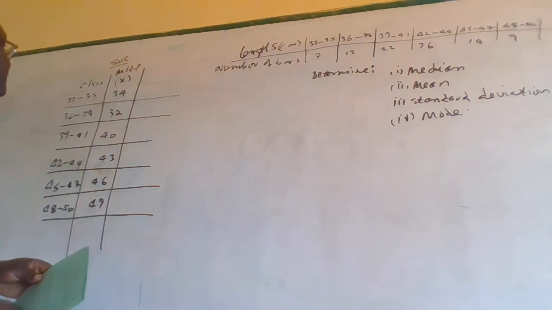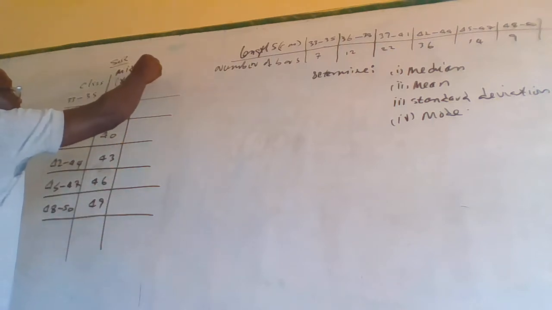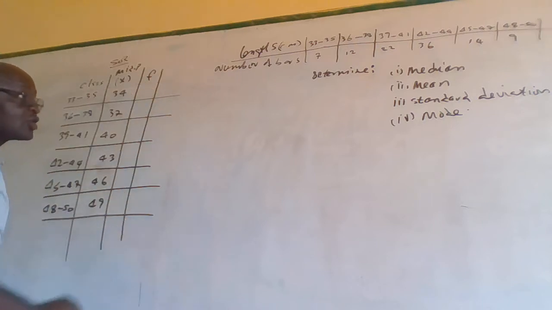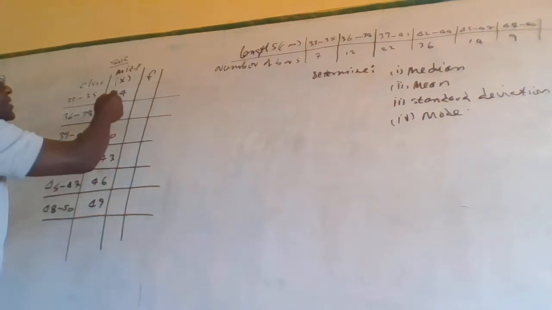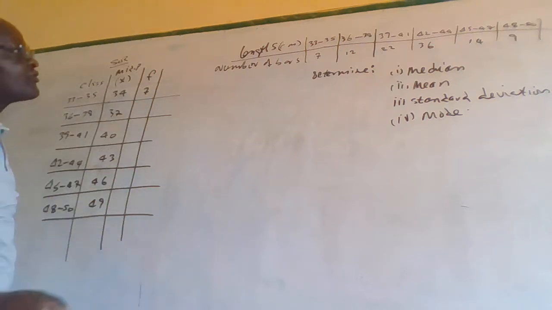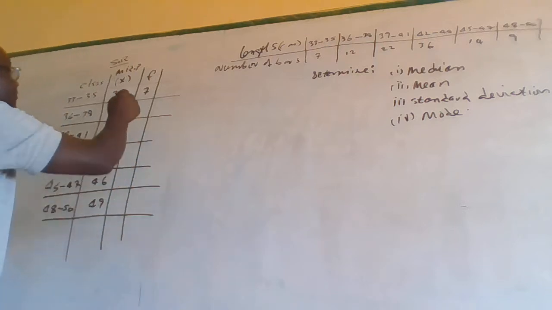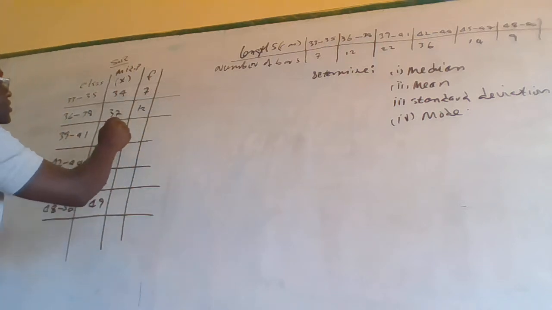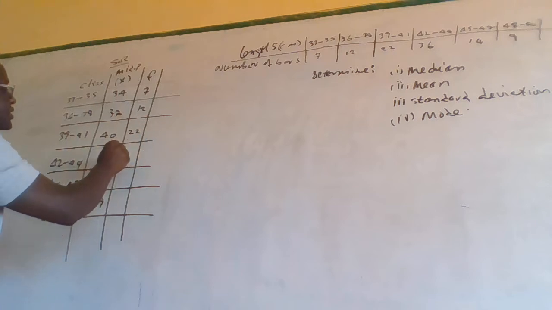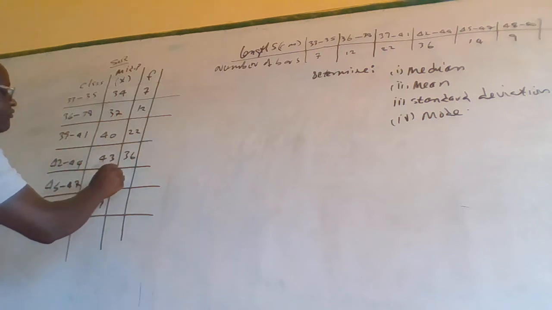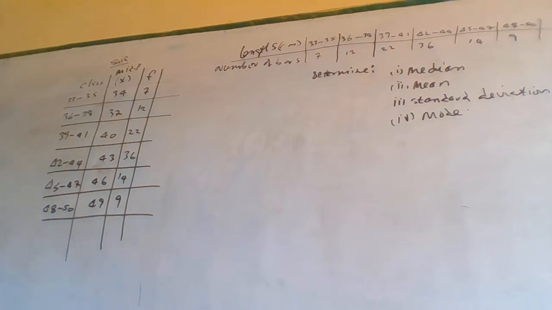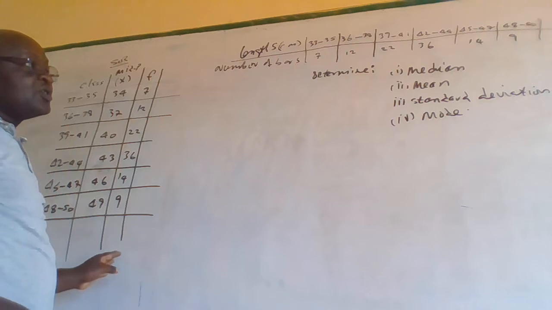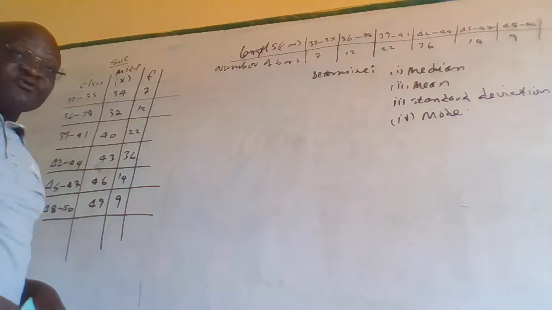Then we shall now require the frequency, the column for frequency. The first class is 7, the second class is 12, then 22, 36, 14, and then 9. Now, for us to get the median, we shall require the cumulative frequency column.